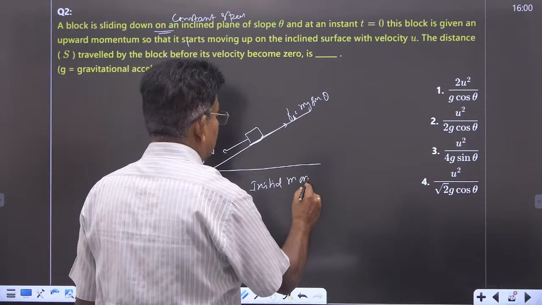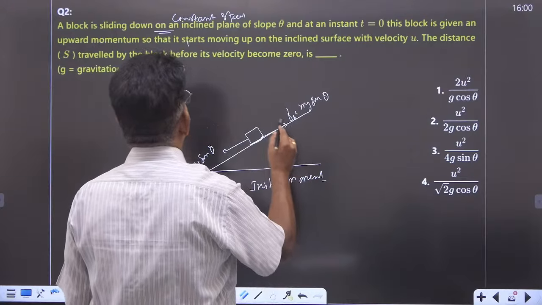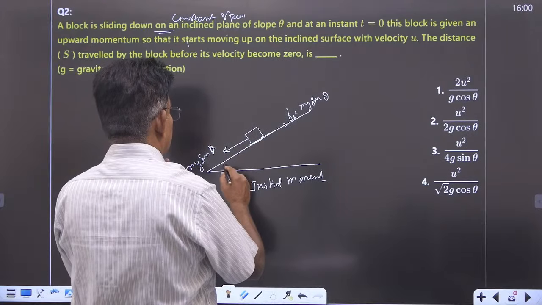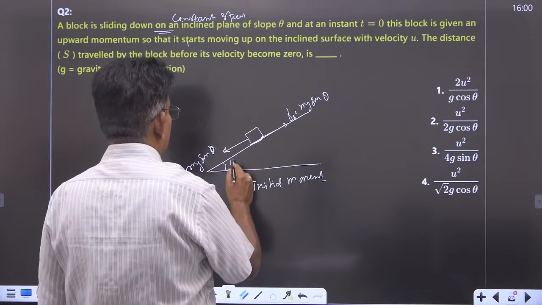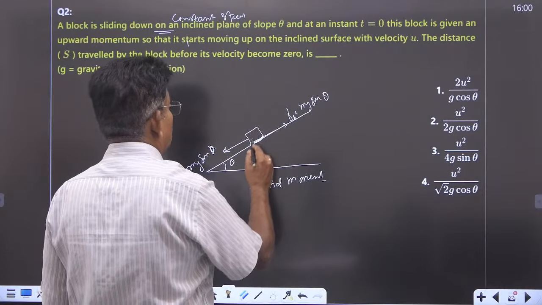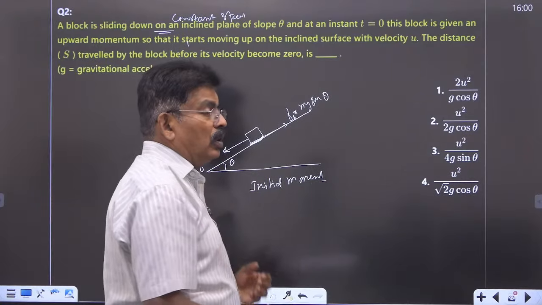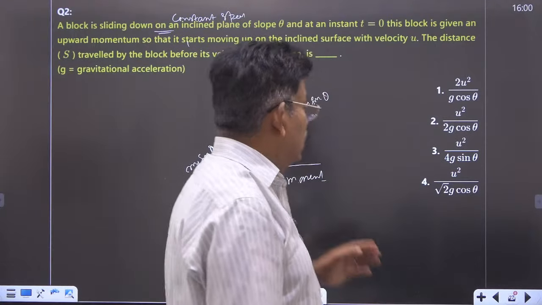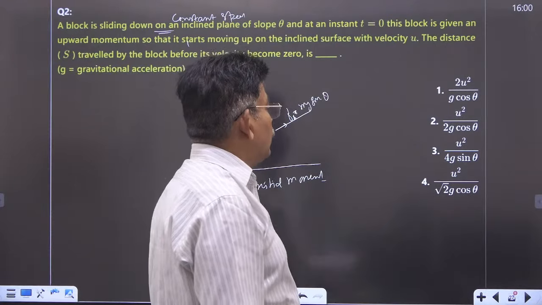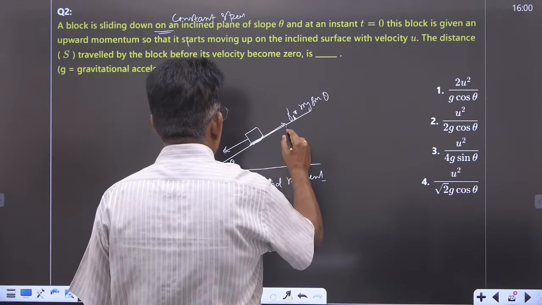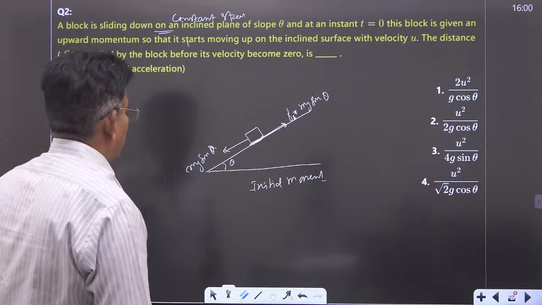So it slides down, and they didn't mention that, but we have to take it, then only we can do the problem, that it is coming down with a constant speed. Why is it coming down with a constant speed? Who pulls it down? Gravity, mg sine theta. Then as a result, there is an equal amount of frictional force. So net force will be 0. That's why it is coming down with uniform speed.